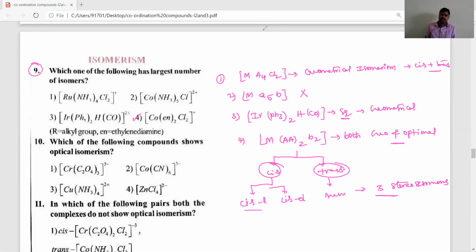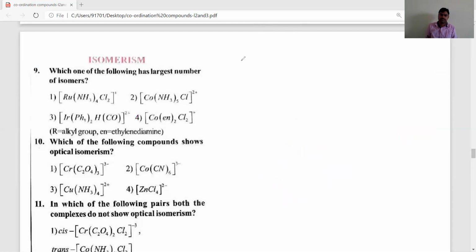Let's see the 10th question, dear students. Which of the following compounds shows optical isomerism? Now the first option, Cr(C2O4)3, is very important. The C2O4 oxalate ion is a bidentate ligand, and the two donor atoms are the same, an AA type of bidentate ligand.